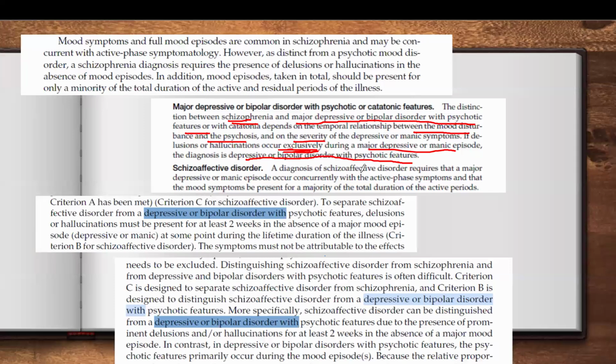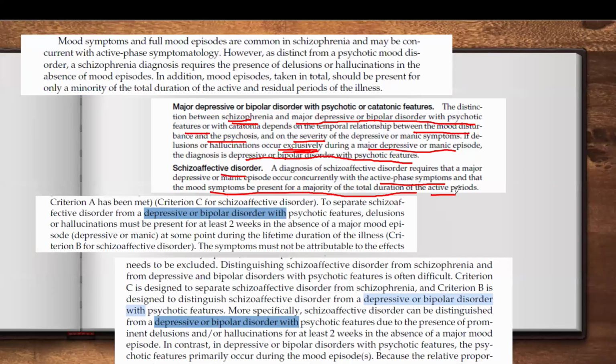But in the major depressive or bipolar with psychotic features, usually you have a mixture of these two things. Okay, similarly, schizoaffective disorder as well. This requires the active phase symptoms, that is, the patient currently is having the hallucinations, delusions, and the mood symptoms must be present for a majority of the total duration.